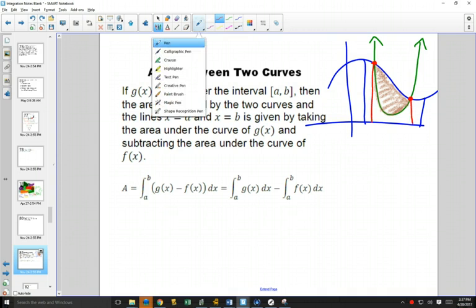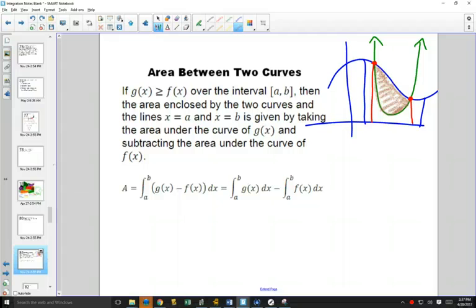and keeping with the color, if I colored this whole thing in brown, can you see that that brown thing would just be the area underneath my sine curve? Then if I took out a black one and just did underneath the green one, that would be the area under my parabola.